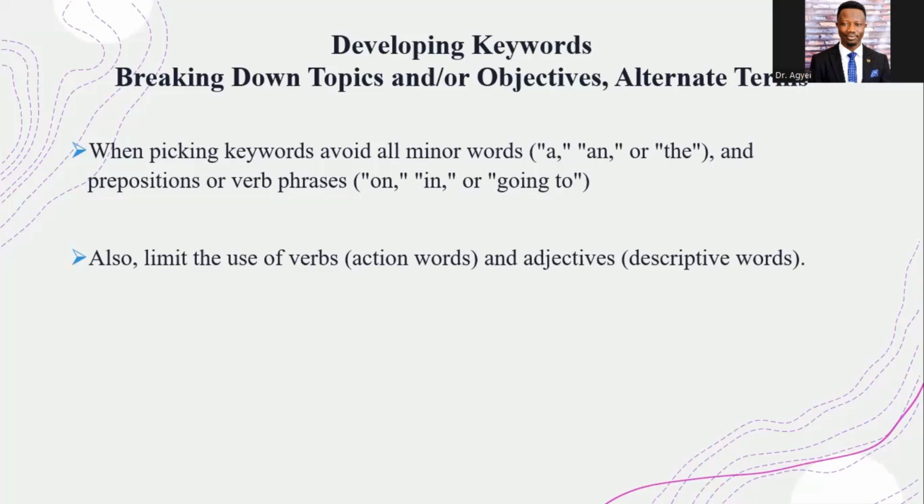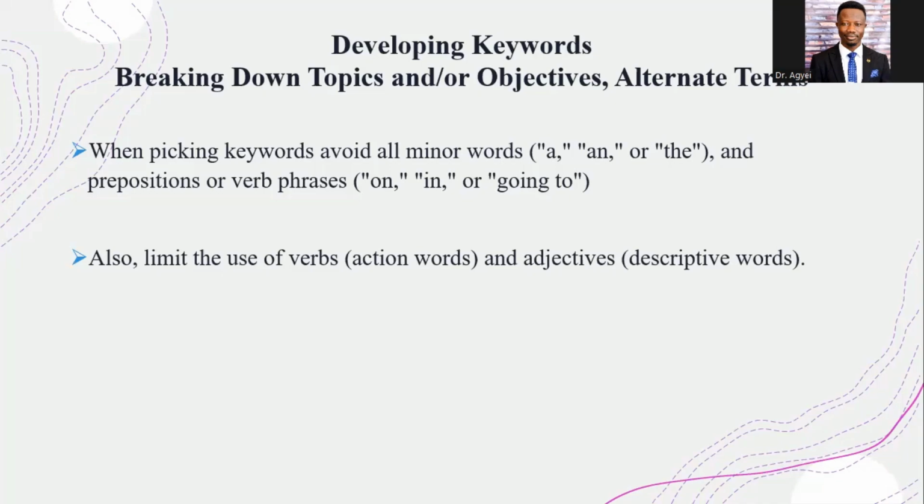Okay, so the first thing is that when you are doing your research, or searching any database for articles or reading materials, there are some keywords you don't need to even bother yourself to type into the search engine. For instance, if your topic is the impact of drinking on marriage, you don't need the word impact, you don't need all those things.